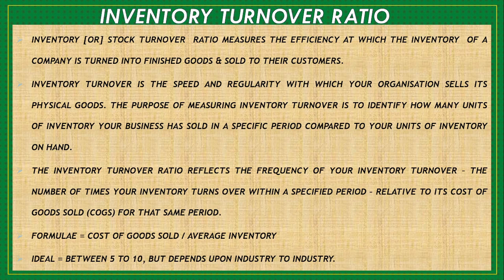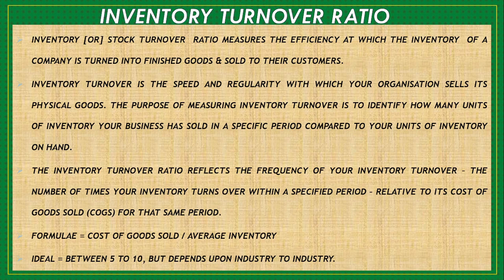Inventory turnover is the speed and regularity with which your organization sells its physical goods. The purpose of measuring inventory turnover is to identify how many units of inventory your business has sold in a specific period compared to your units of inventory on hand.